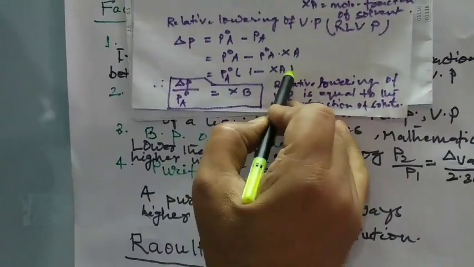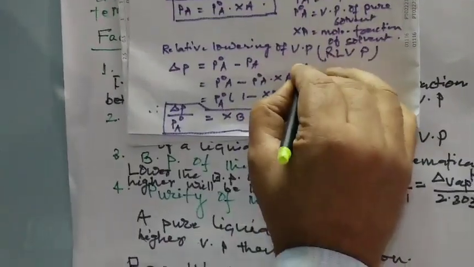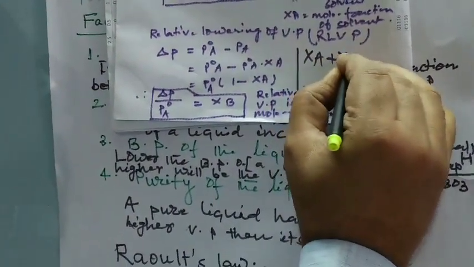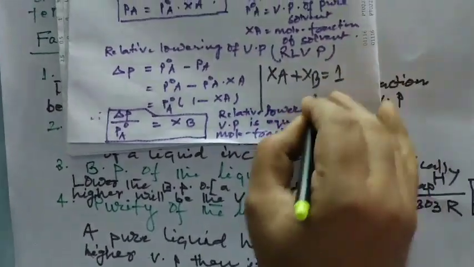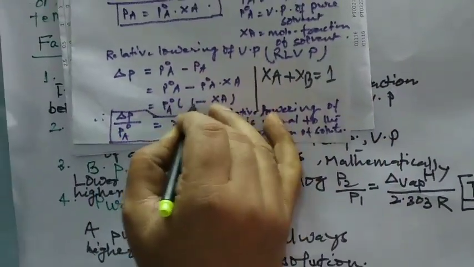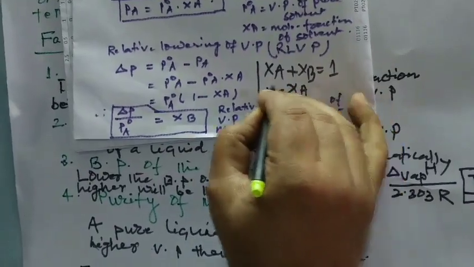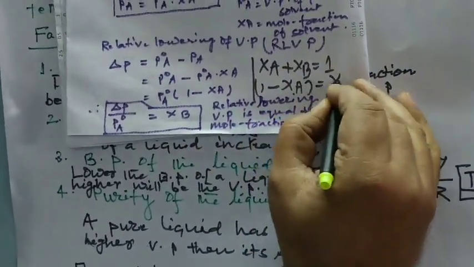That is 1 minus XB. Why is it? Because XA plus XB will always equal 1. So 1 minus XA will be equal to XB.